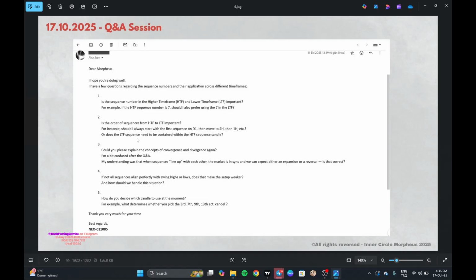Or does the lower time frame sequence need to be contained within the higher time frame sequence candle? Yes. As we approach specific numbers on higher time frame, lower time frame most of the time should be contracted or distorted depending on the current condition. And counting this distortion can give a clue about if the higher time frame sequence is delayed or hastened.